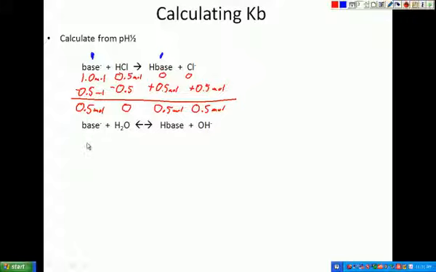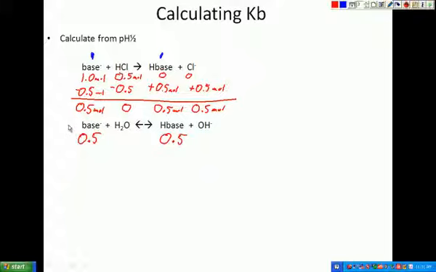So at equilibrium, we're finding that the base minus that we have is 0.5. Okay, we don't care about water because it's a liquid. And the H base that we have is 0.5. Now, this OH minus has changed quite a bit because we added all this HCl. So we don't actually quite know what our OH minus is because it's been changing due to the added HCl.